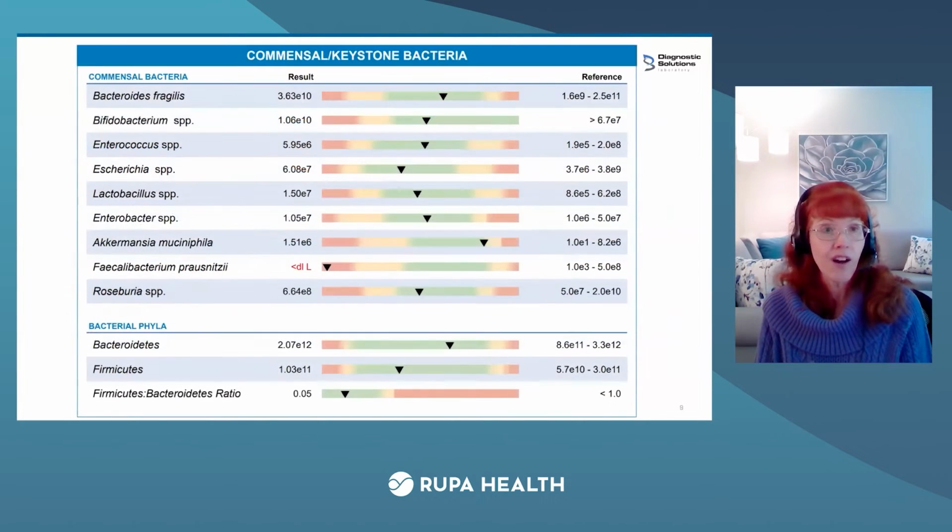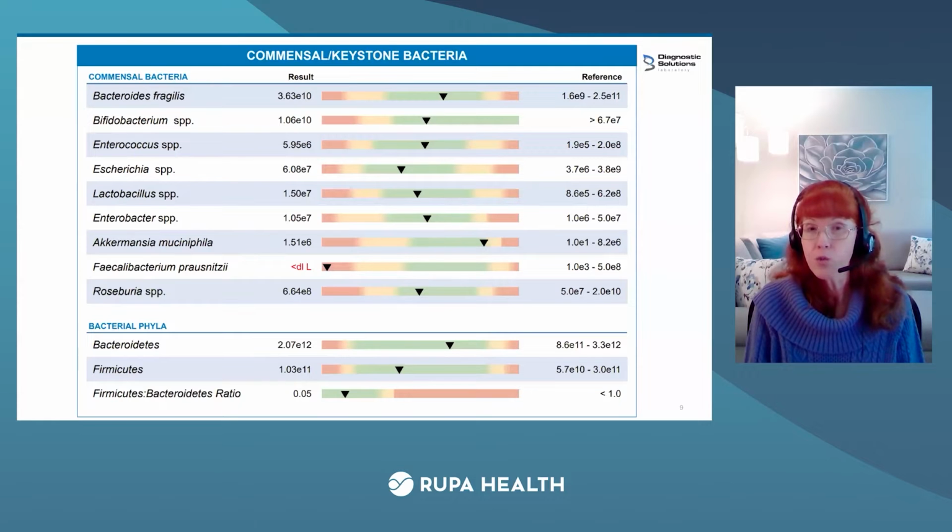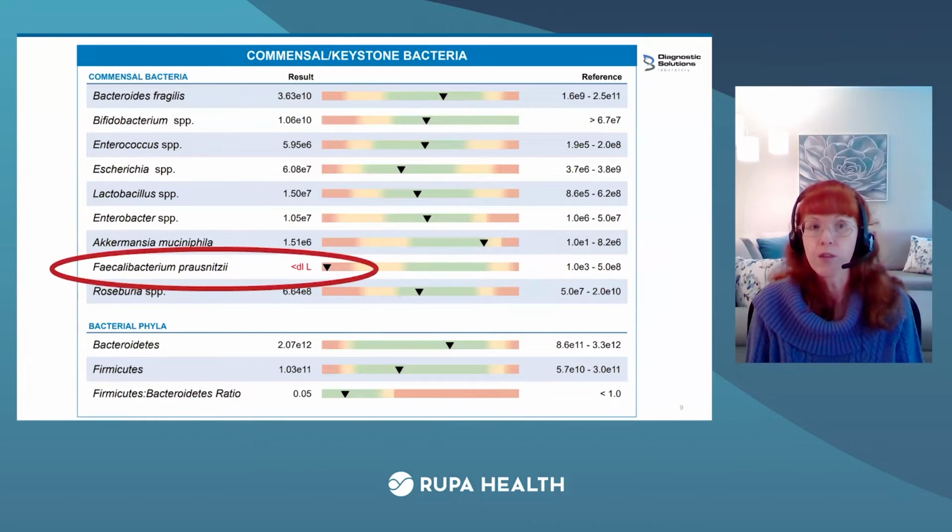Now, continuing on with page 2, we look at the commensal and keystone bacteria, so the good guys. Now, we're aiming for that sweet spot, not too high, not too low, so that green zone. On the whole, she's actually pretty good. Now, there is one thing of note here, and it's really underappreciated: less than DL, below the detectable limit, for Faecalibacterium prausnitzii.